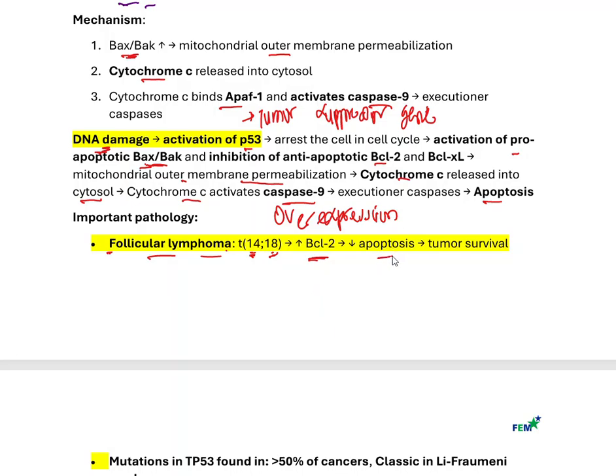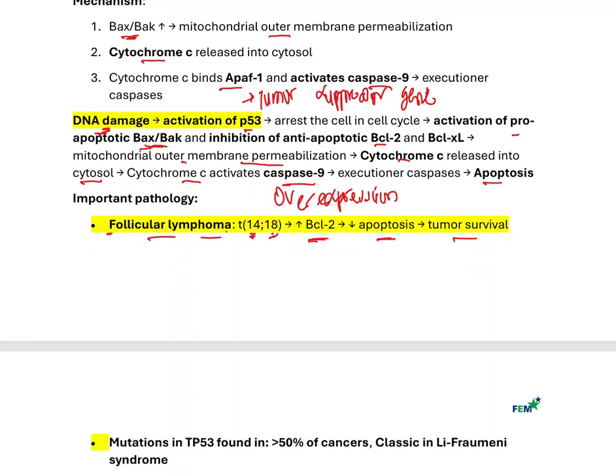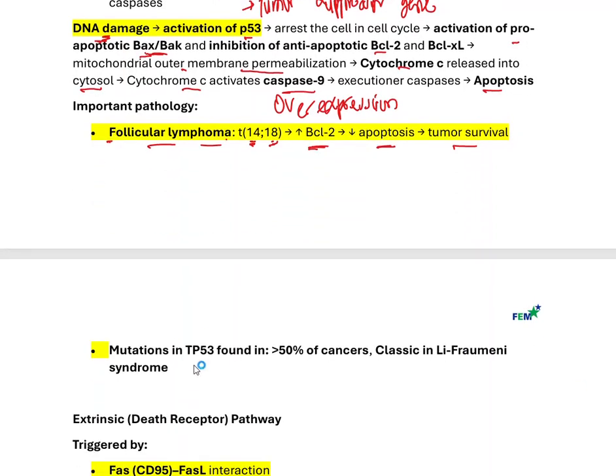In other words, that will decrease what? Apoptosis. And this is a tumor survivor. So that will allow the follicular lymphoma to continue to grow. So that will lead to tumorigenesis.